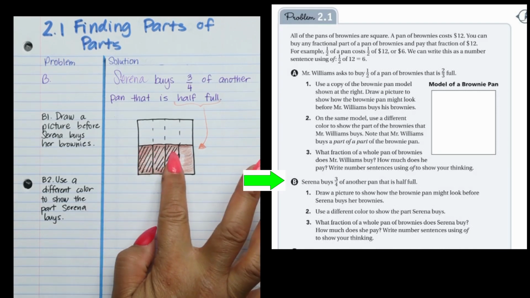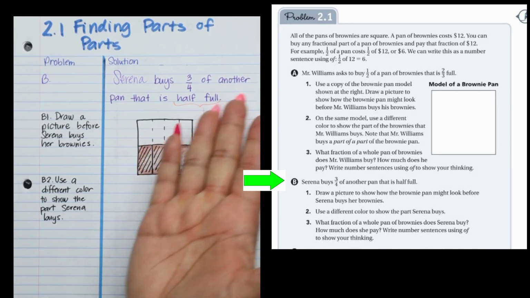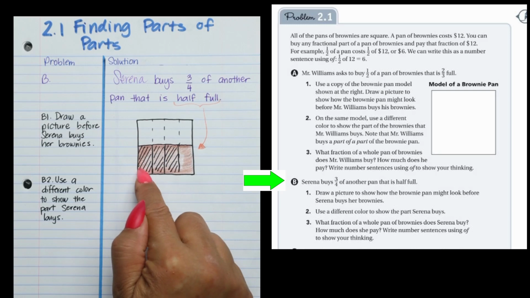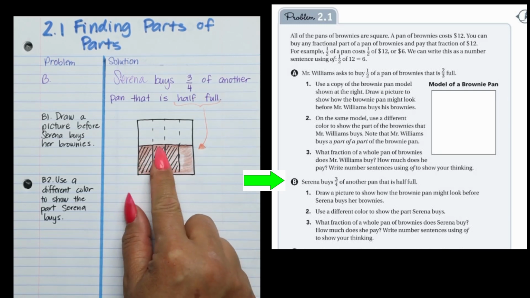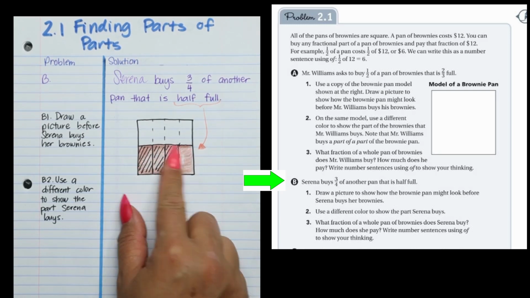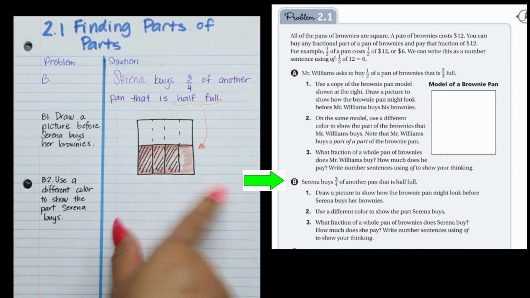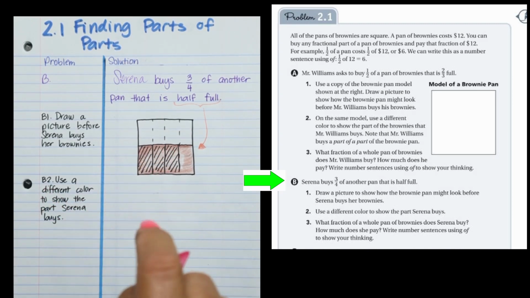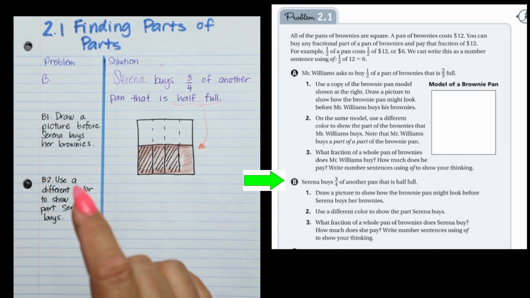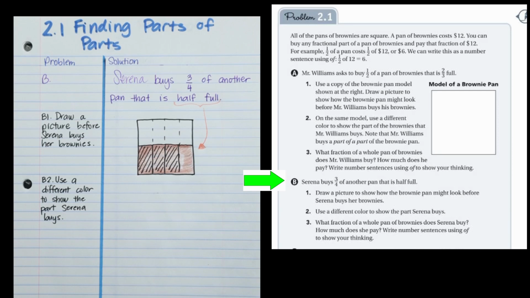So she has half a brownie pan for sale, and she only wants to buy 3/4 of that. So she's buying these 3 pieces out of the 4 that's left. Let's go to the next problem. What fraction of a whole pan of brownies does Serena buy? How much does she pay? And write a number sentence using of to show your thinking. Go ahead and copy down the model if you haven't already.